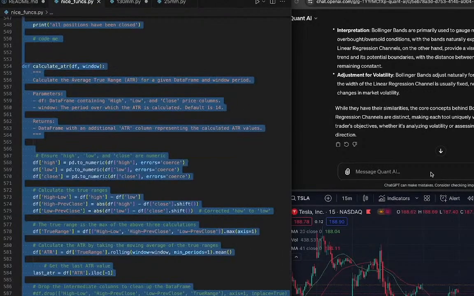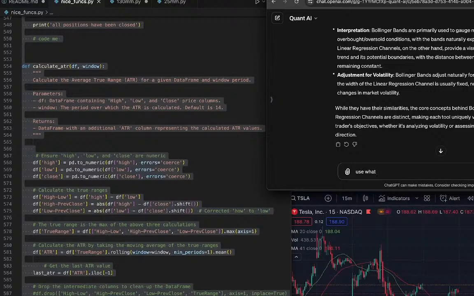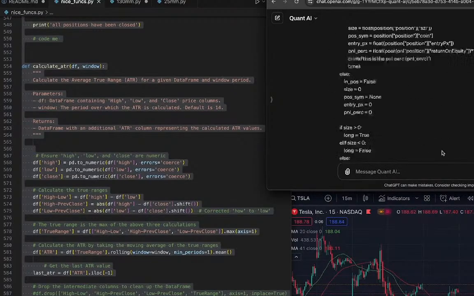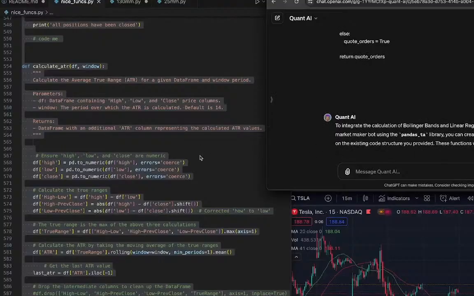Let's just say: use what functions you can out of the below in order to make two new functions that use pandas TA to calculate the Bollinger Bands and the linear regression channels you explained above. All right, so I just gave it my nice funcs file. My nice funcs file has all my functions in it.